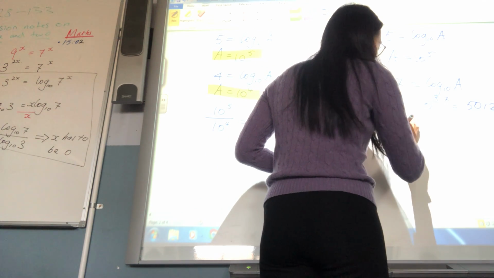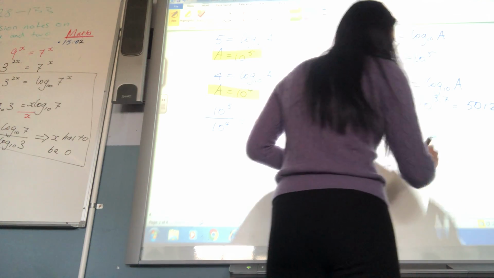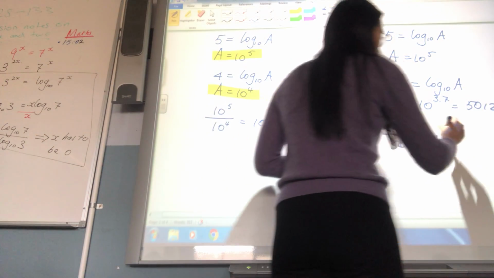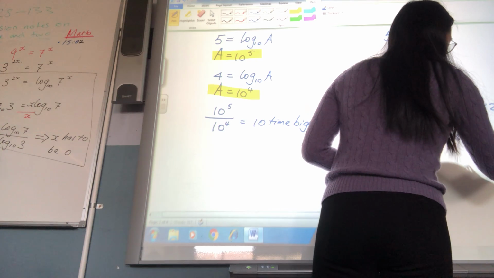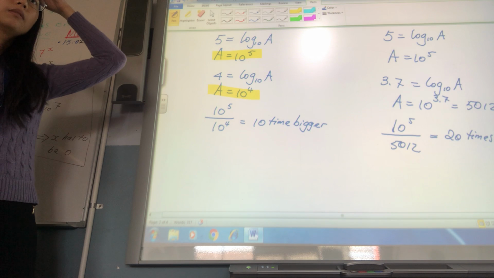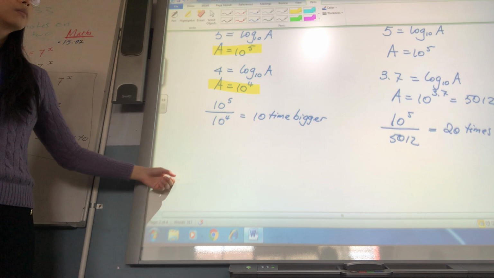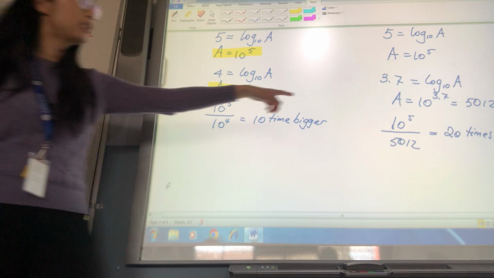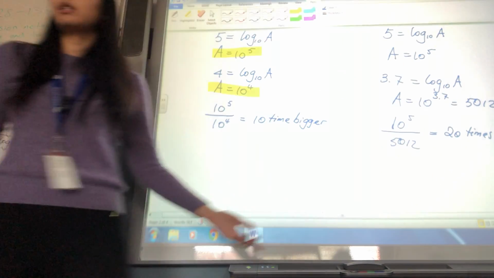So 10 to the 5 over 5,012. And keep the whole number. 20 times? Yeah, so we don't have to put it in calculator. Can we leave it 10 to the power 3.7? Yeah. And then once you have 10 to the power 3.7, do 10 to the power 5 over 10 to the power 3.7. It will give you the same answer.